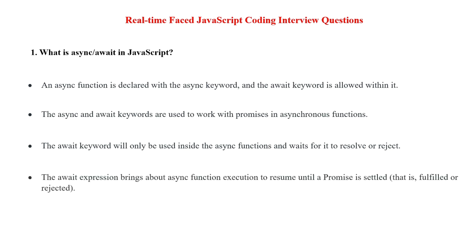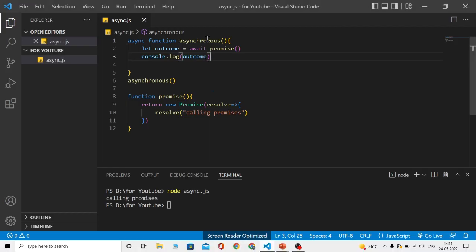The await expression pauses the async function execution until the promise is settled. This await keyword is going to call this promise. It will wait until this promise settles, that is, resolves or rejects.